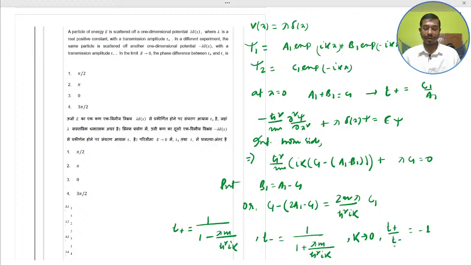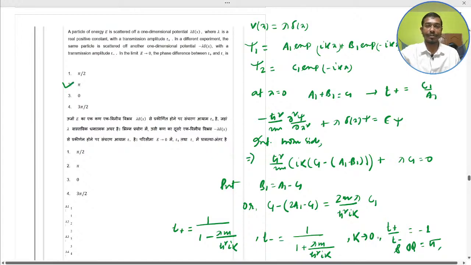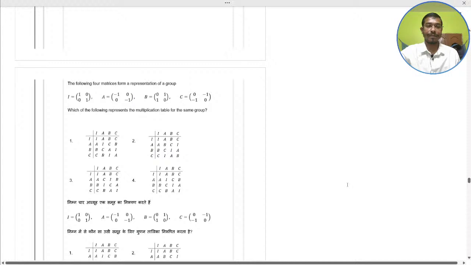So minus 1 means what? The phase change is pi, delta phi is pi. Option 2 would be correct, pi. The difference between T positive and T negative would be pi.